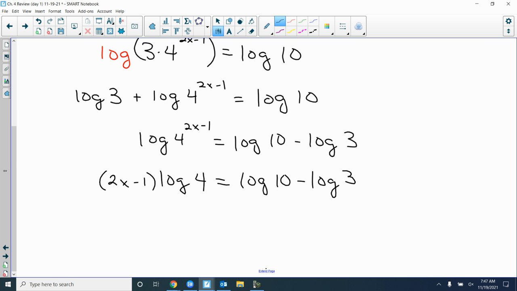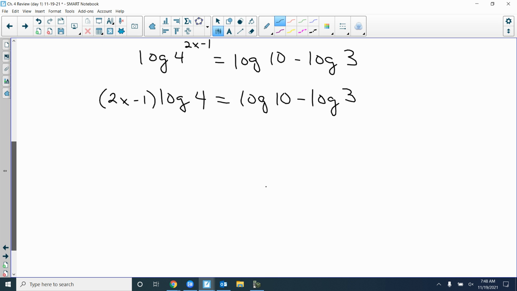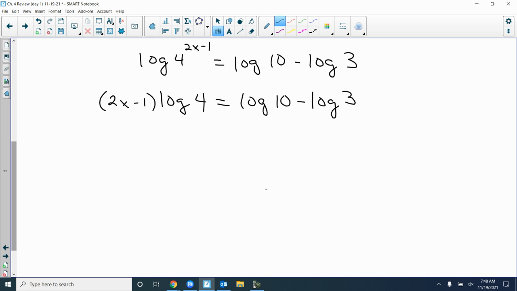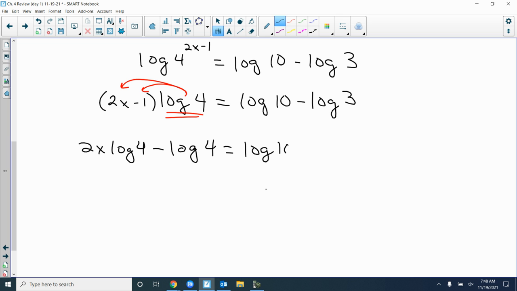And now distribute your log of 4. It multiplies both of them. So that just becomes 2x times the log of 4 minus 1 times the log of 4, which is the log of 4, equals log of 10 minus log of 3.